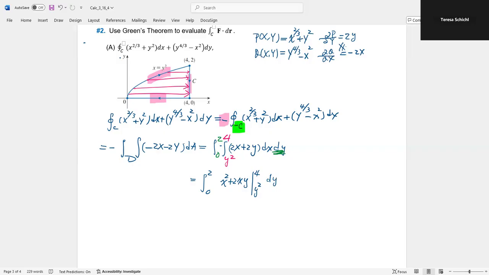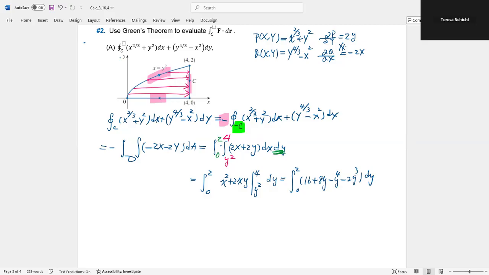After you substitute, this will be 16 plus 8y minus y to the fourth minus 2y cubed dy.